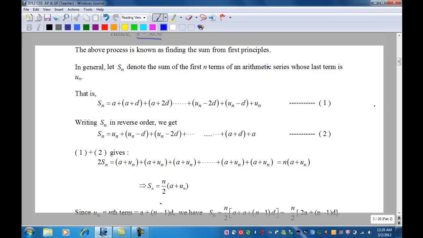Now we will next look at the more general term Sn, the sum of the first n terms of an arithmetic series. It's the same idea.